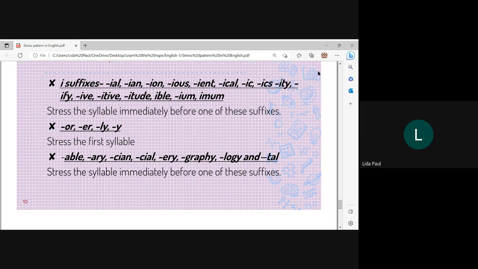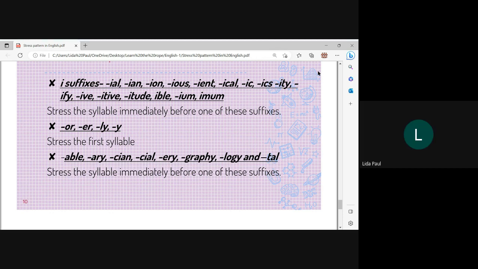You see, most of them have Y at the end. So all the Y suffixes also take the stress on the penultimate syllable. And you can also add the ones with ABLE and TAL. So give me an example with ABLE. Habitable, durable, readable.